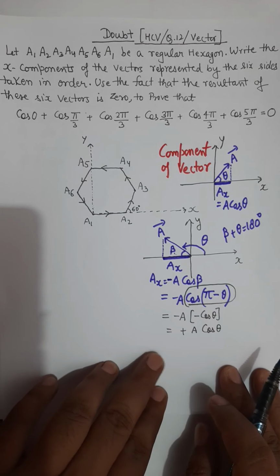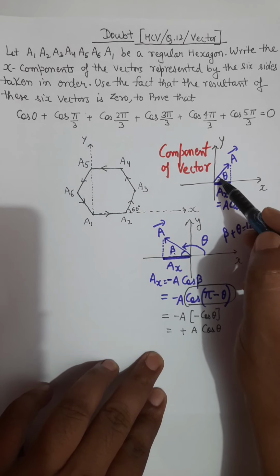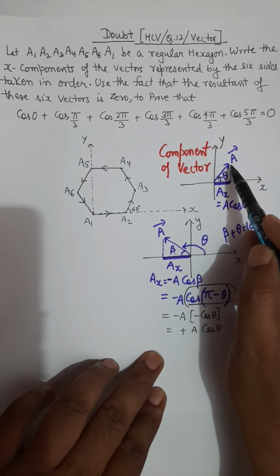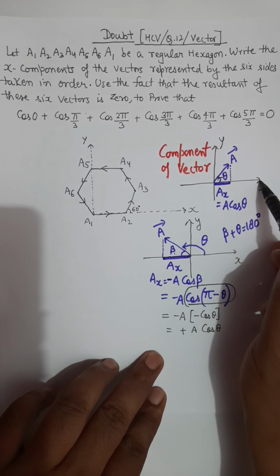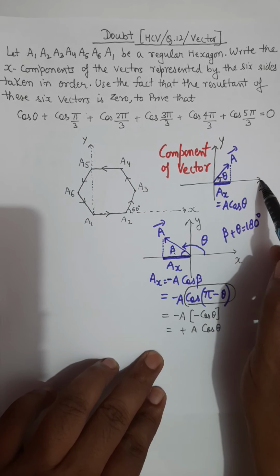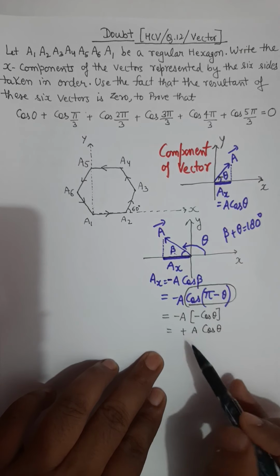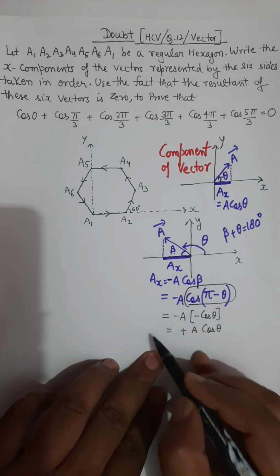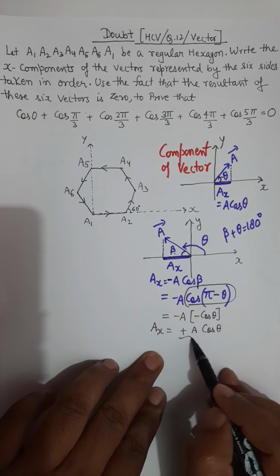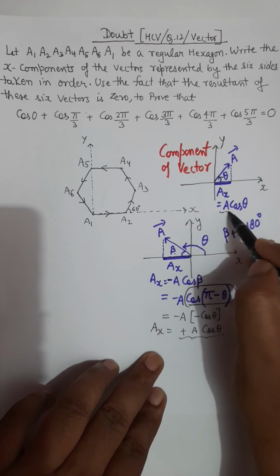What does it mean? If you measure angle theta from the positive side of the x-axis, then you can always write the x component of the vector to be a cos theta.